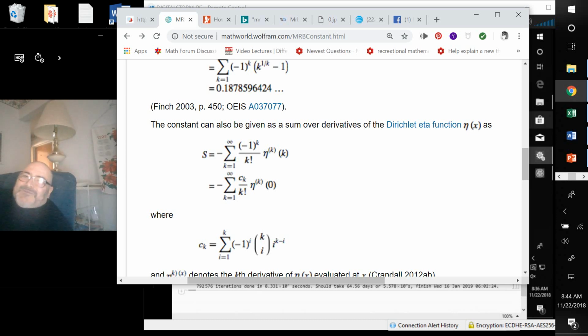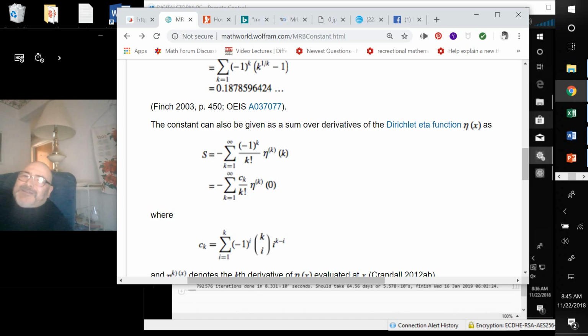Without the negative 1, I think it is zeta, the kth. Well, I'm not sure. I'm not going to say that. But if you had negative 1 divided by k factorial times eta sub k, and took away the negative 1, that would be eta sub k over k factorial.